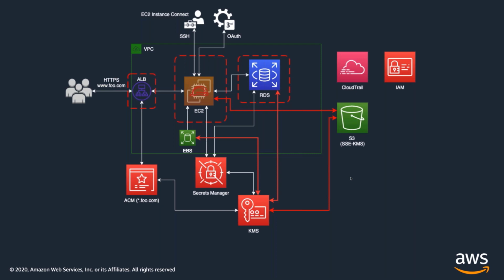And the last thing that we have is you'll see that we've given our EC2 instance a role. Before, we had our credentials on the instance itself. Again, we need the processes on the instance to be able to talk to RDS. We need them to talk to S3, Secrets Manager, all of these different services that we have as components in our architecture. So now what we've done is we've taken those credentials off of the instance.